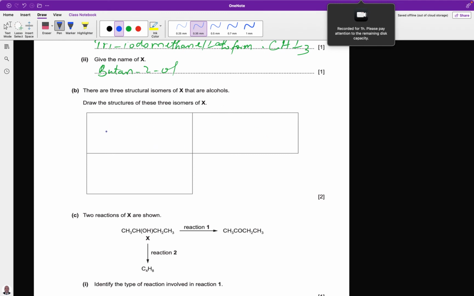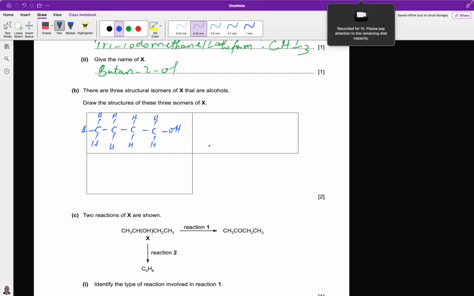Let's see how it can give us the primary alcohol. It will be 1, 2, 3, 4. That is a primary alcohol.